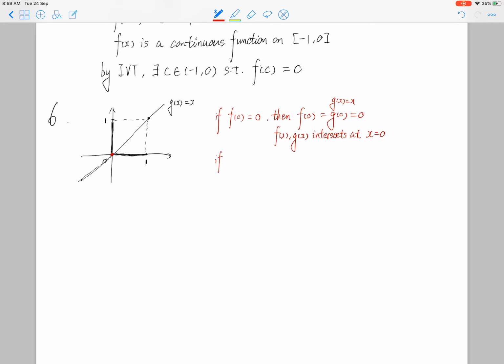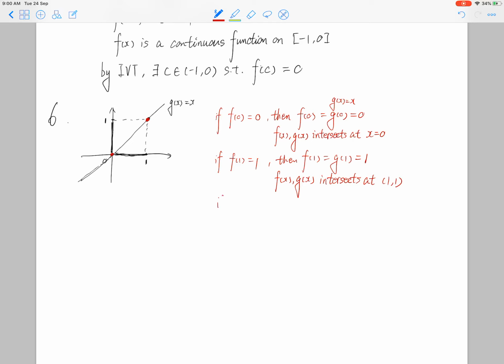Similarly, if f(1) is 1, they intersect: f(1) equals g(1) equals 1. Then f(x) and g(x) intersect at (1, 1).